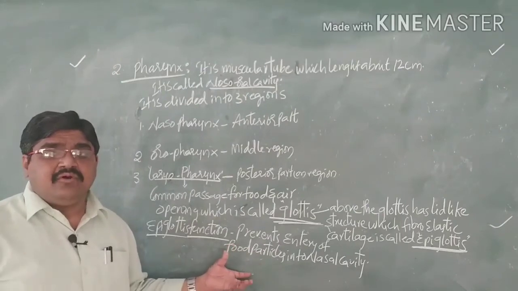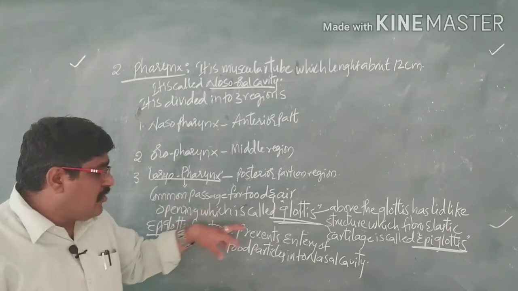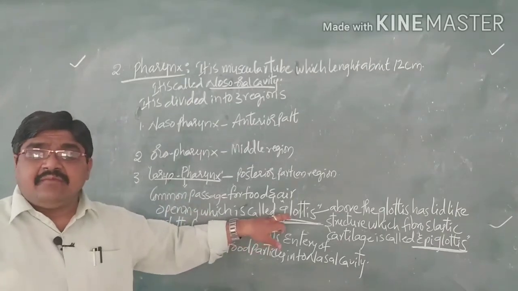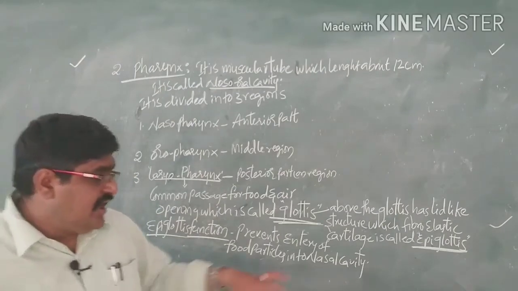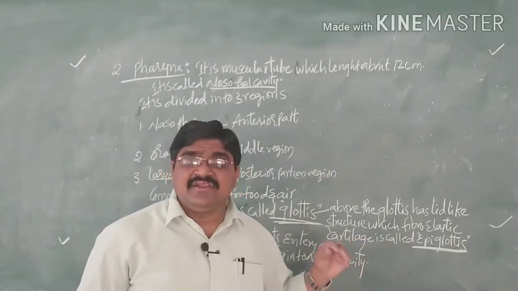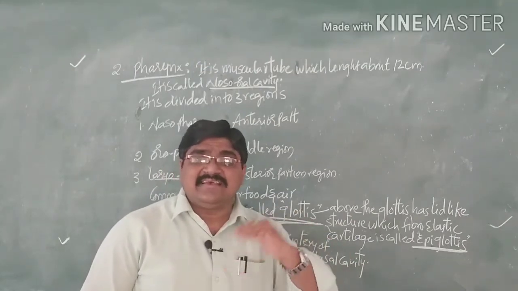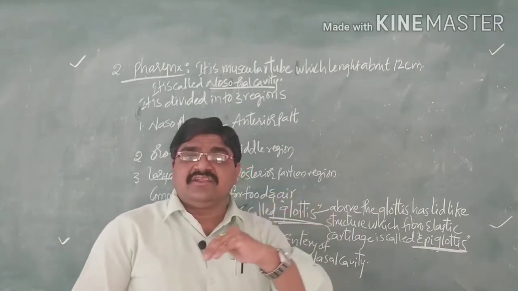That means above the laryngopharynx there is an opening, the glottis, and above the glottis there is a lid-like structure, a fibroelastic cartilage, which acts as a lid. Opening and closing take place. When food is taken, it is closed.